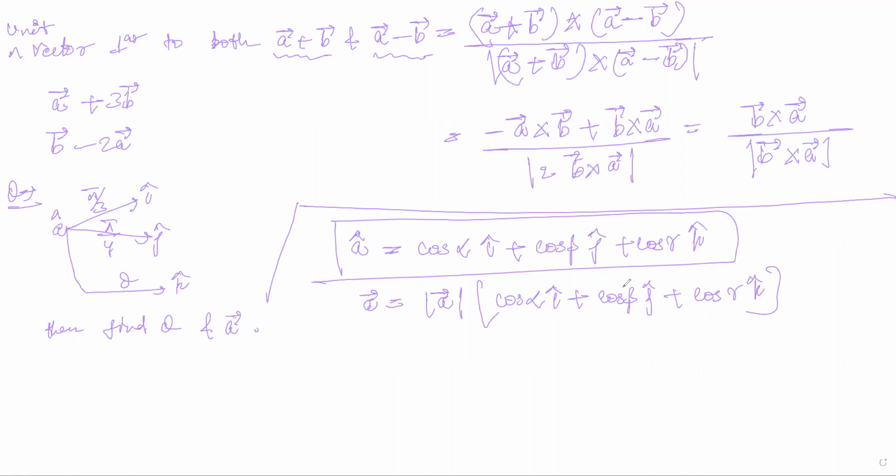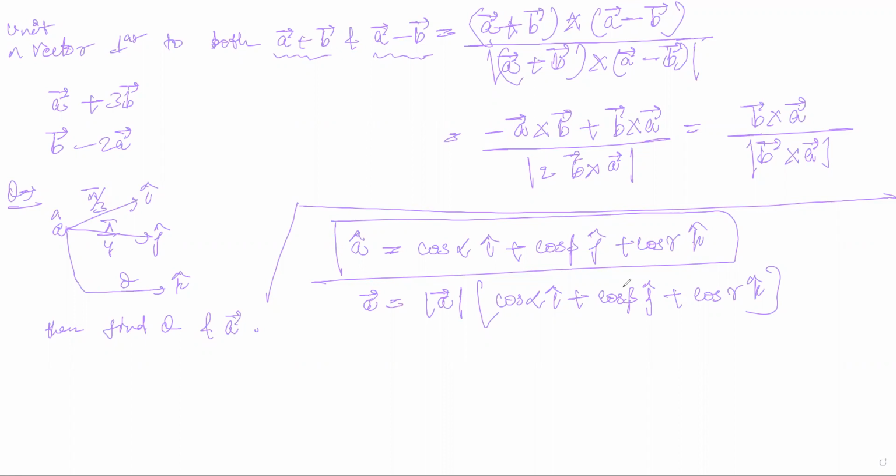Okay, solve question number 6. If A dot B is 0, as well as A cross B is also 0, what can you conclude about the vectors A and B?